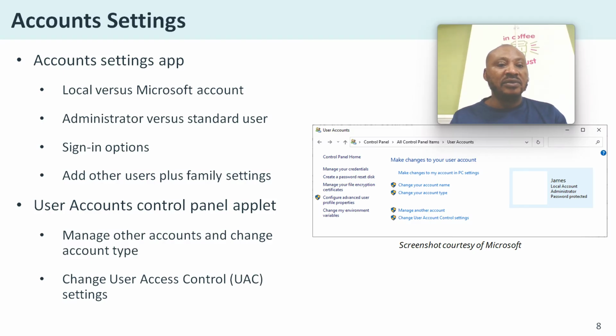Now, these days, when you're installing your OS, especially Windows 11, it's a modern way of working on an OS. When you're installing Windows 11, it will ask you to create an account, and that account is linked to Microsoft, so we call it a Microsoft account. That account automatically connects to the Microsoft Cloud.